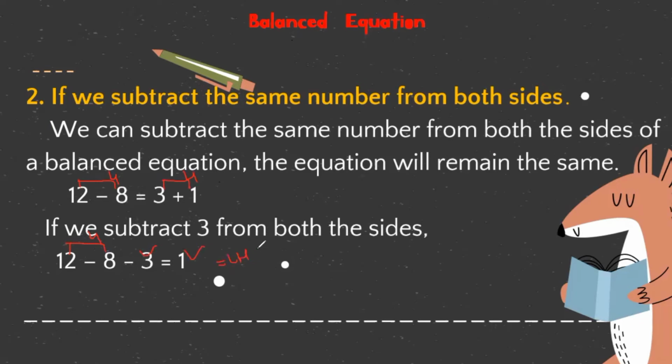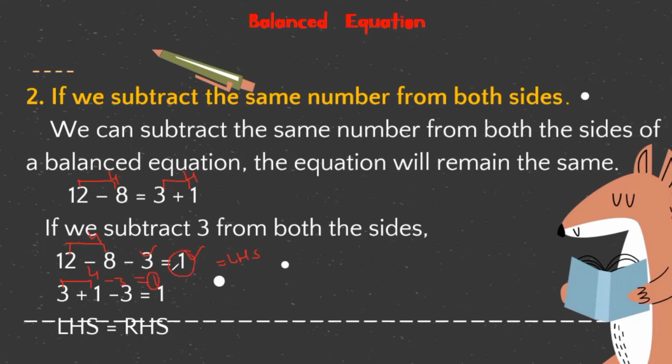What is the value of the left hand side? 1. Similarly, the right hand side is 3 plus 1. When we subtract 3 from the right hand side, 3 plus 1 is 4 and 4 minus 3 will be 1. You can observe the right hand side is also 1 and the left hand side is also 1.